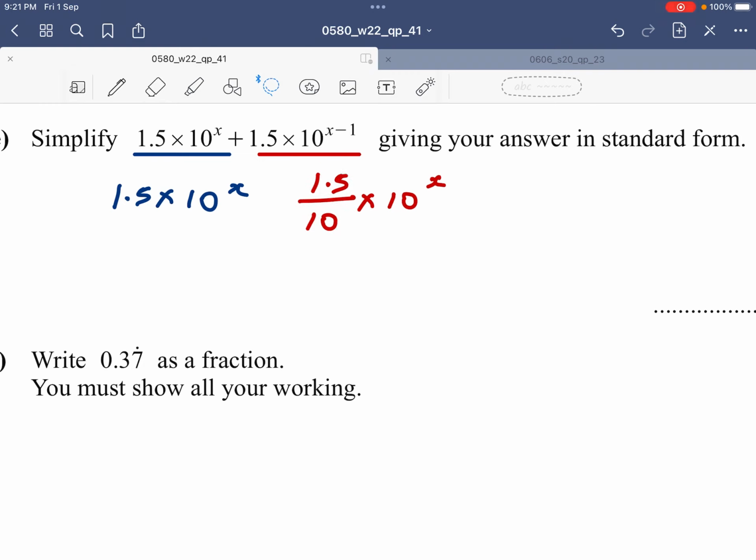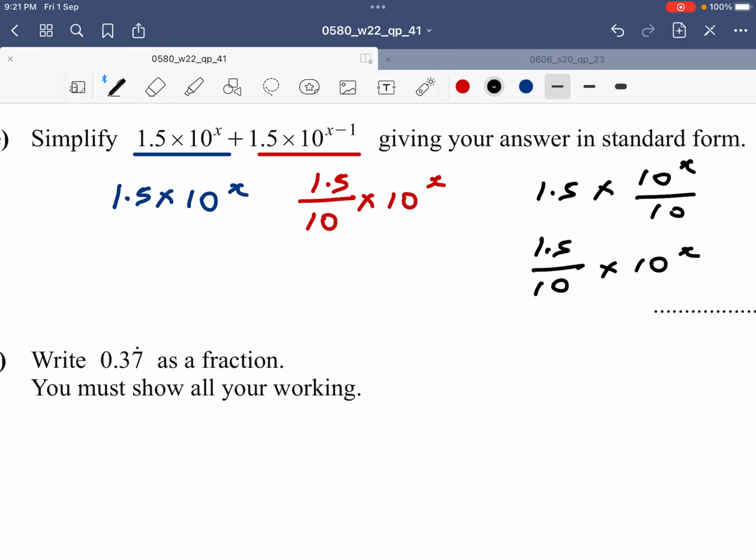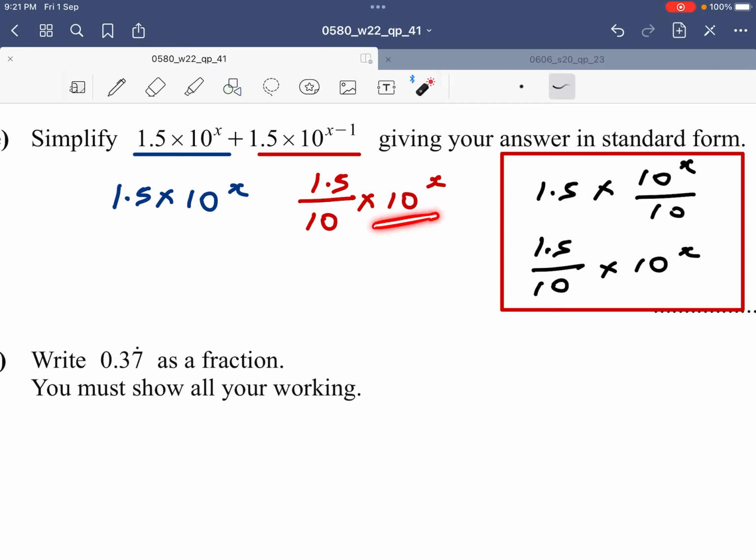Because if I have 1.5 times 10 to the power of x divided by 10, that is the same as 1.5 divided by 10 times 10 to the power of x. The value will be the same. So I can move the 10 to the other side.